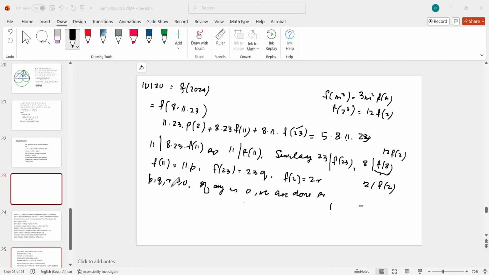So we can assume that f of 11 is greater or equal to 11. And same with f of 23 is greater or equal to 23, and f of 2 is greater or equal to 2.